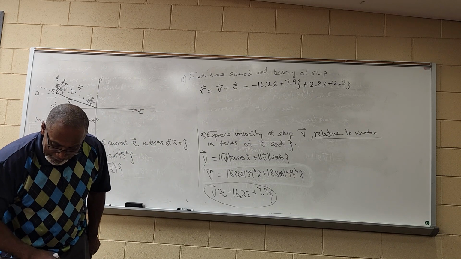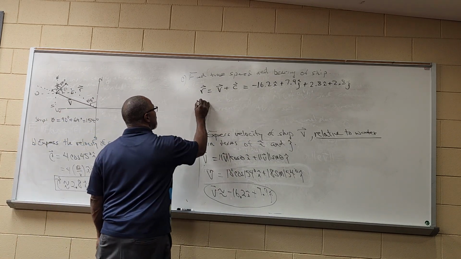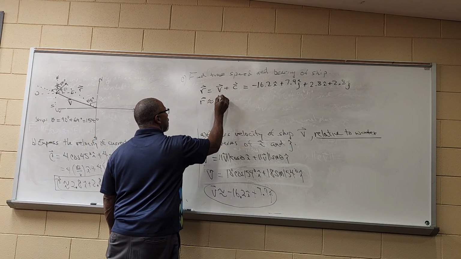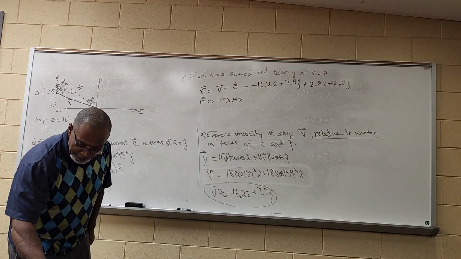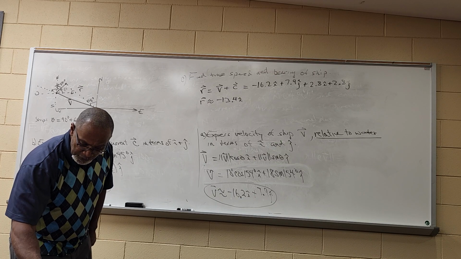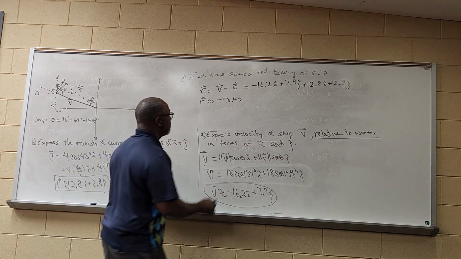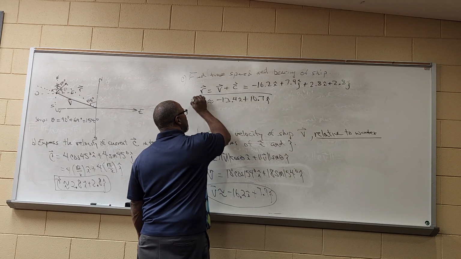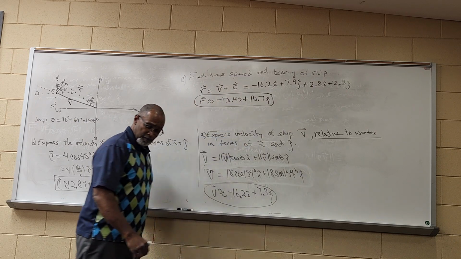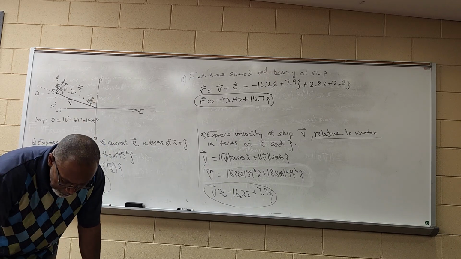If you do that, you'll get negative 13.4i plus 10.7j. So there's the resultant vector, okay?